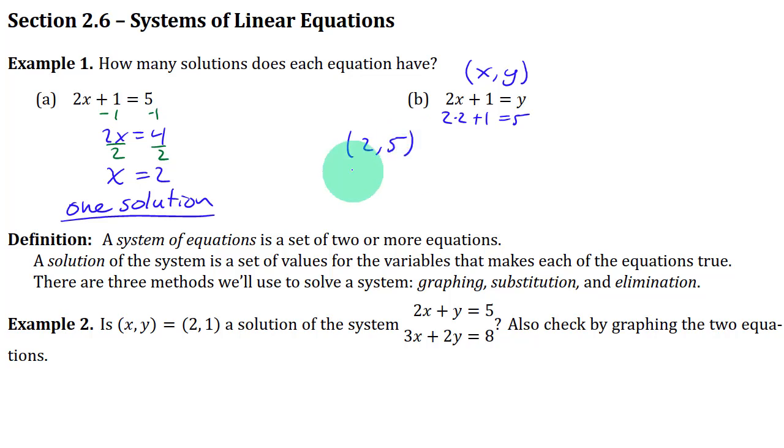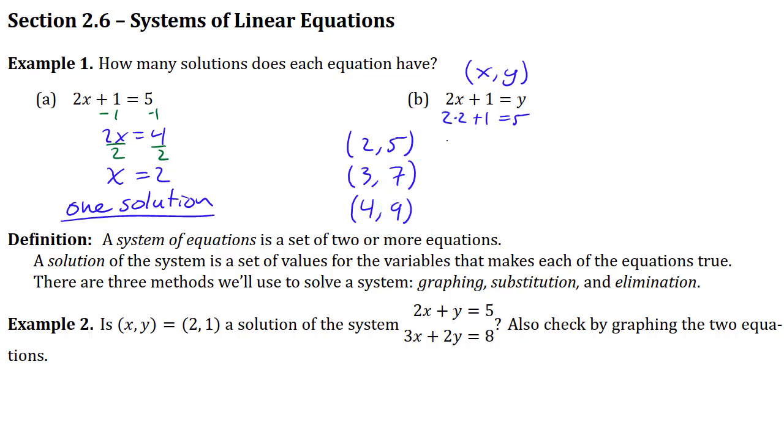What's another one? Well, if you plug in x equals 3, the left side will work out to be 7. So that means the y that goes with that would be 7. So 3, 7 is also a pair of numbers that makes this work. You could also have 4, 9 is another pair of numbers.